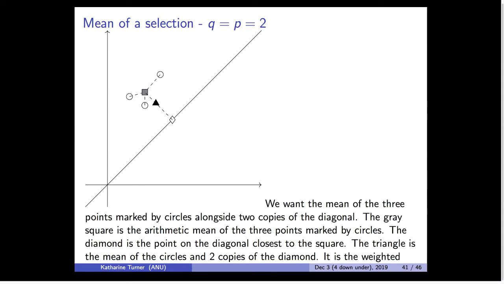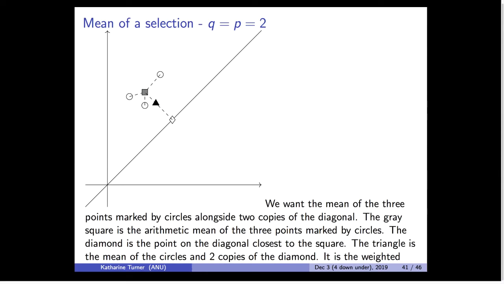So then the question becomes, what is the mean of a selection? The P is determining that it should be the sum of distances squared. The Q tells me what the metric is within that cost function for the mean in the selection. If P is 2, I'm looking at basically Euclidean distances.